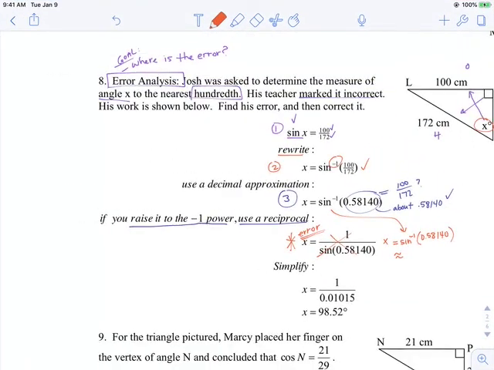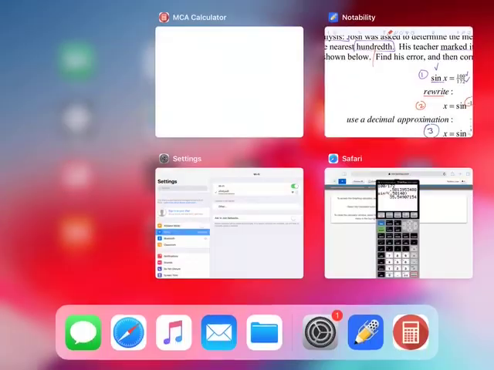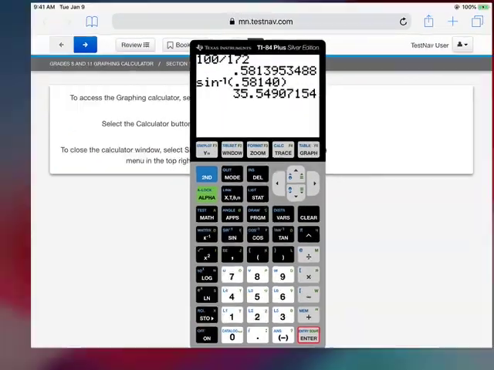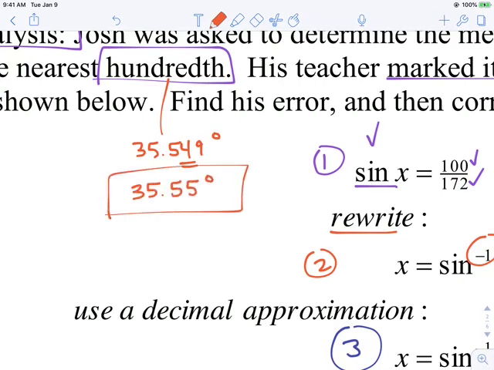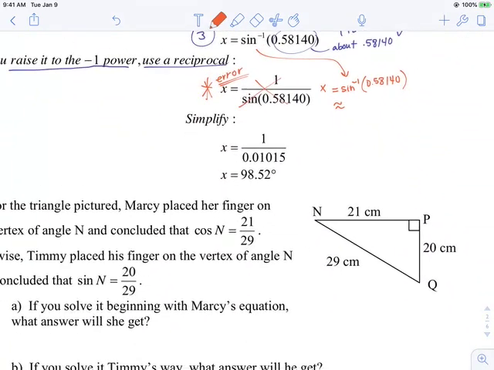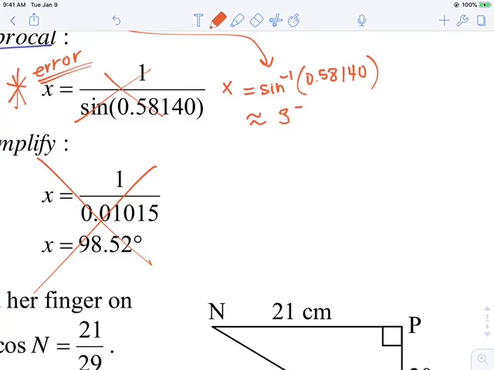And they said round to the nearest hundredth. Nearest hundredth, so that's 35.549. So round to the nearest hundredth, 35.55 degrees. That should be his answer. He was wrong, we're right, it's 35.55 degrees.